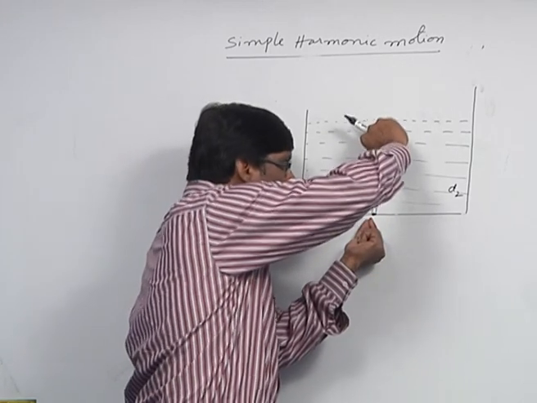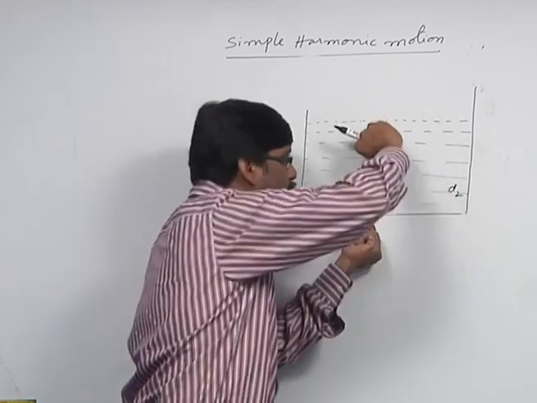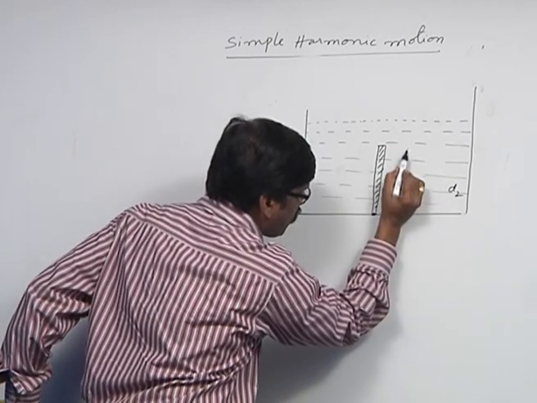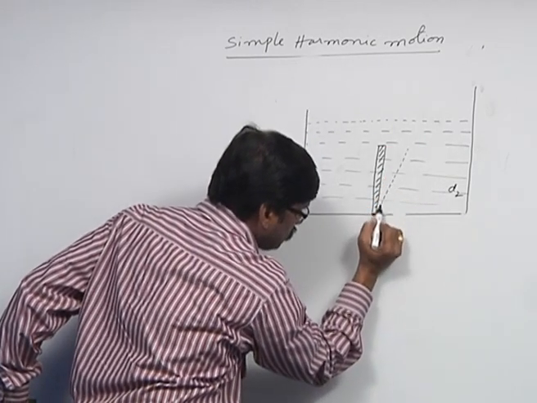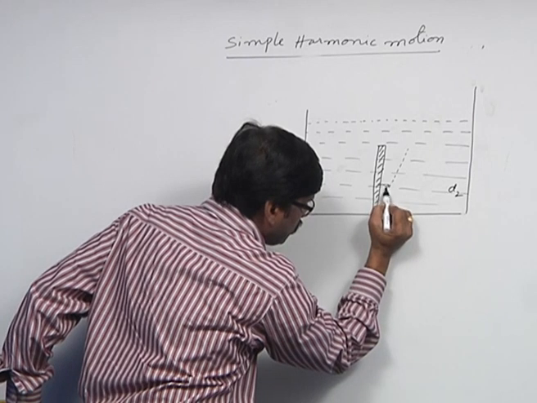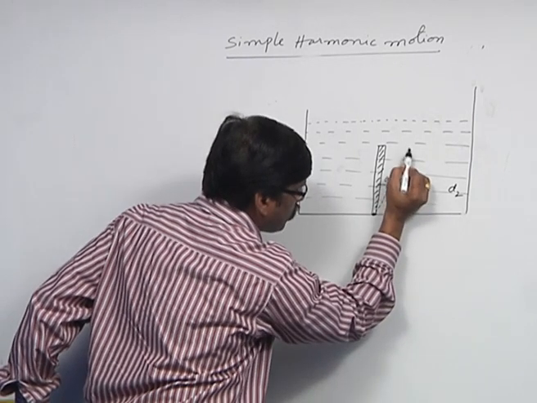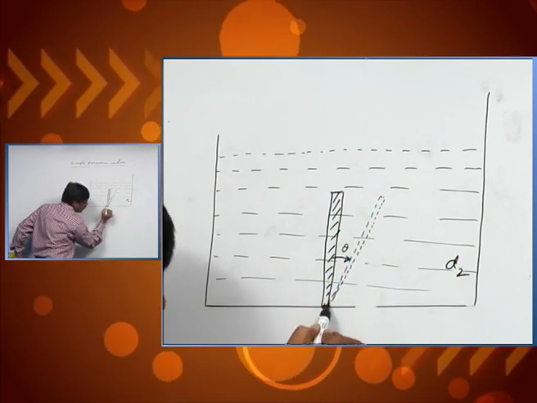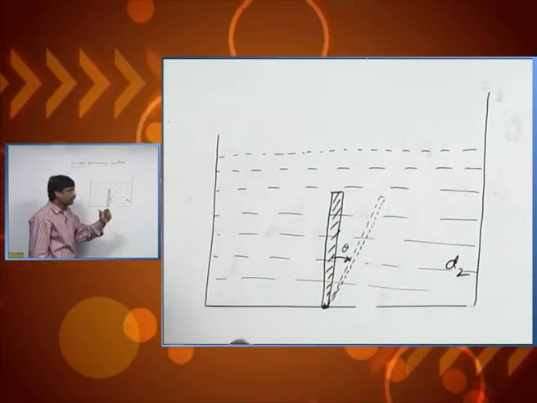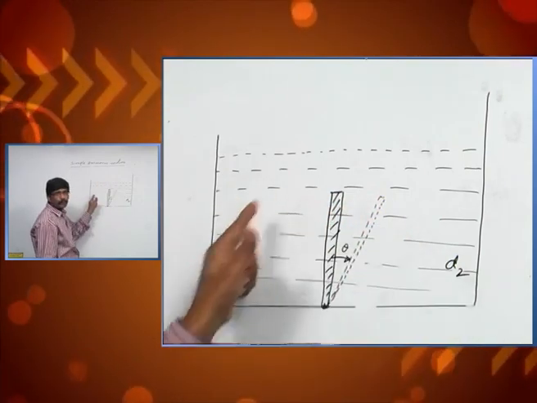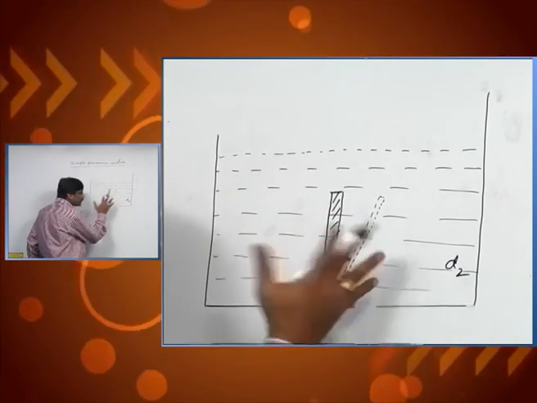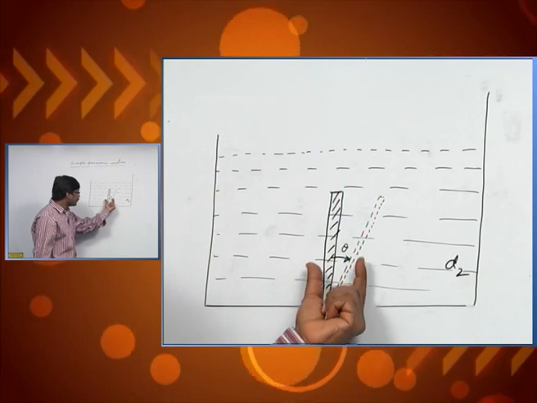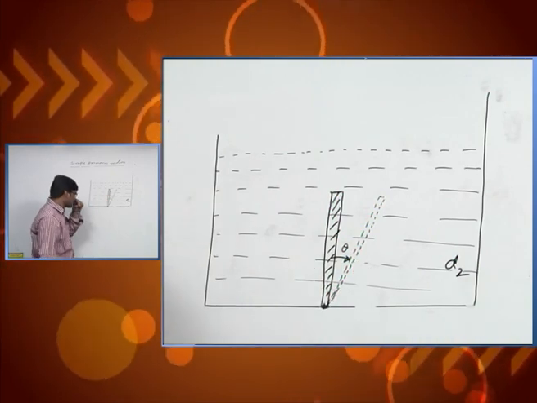Now, give a small angular displacement theta and leave it. Then it executes simple harmonic motion. Then how do you calculate its frequency of oscillation?